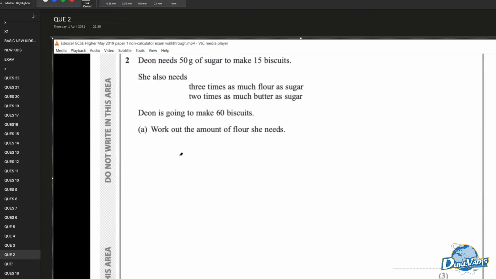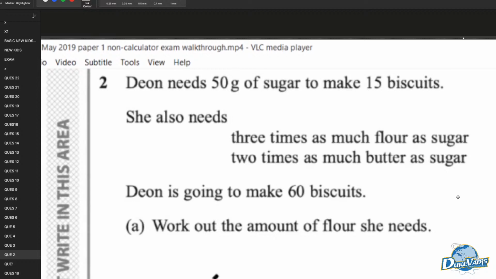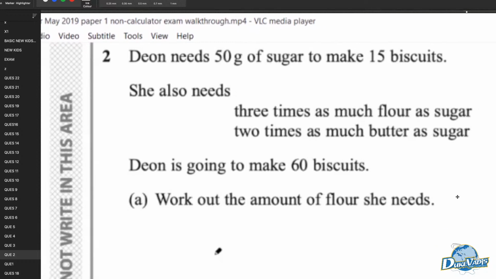Let me zoom out a bit for us to see the question very well. So this is the question we have at our disposal. As you can see, Dion needs 50 grams of sugar to make 15 biscuits.